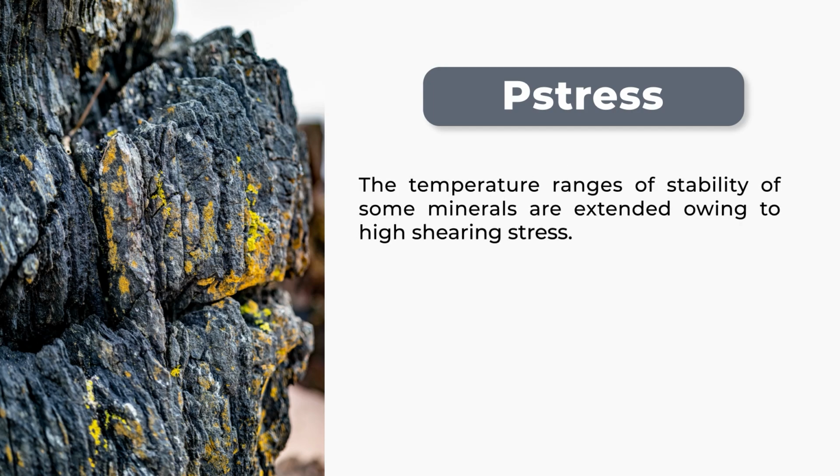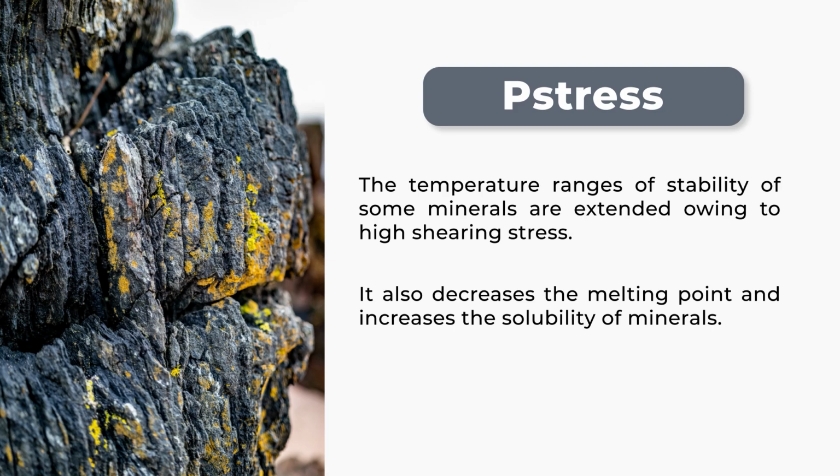Here you should understand that the temperature range of stability of some of the minerals is extended due to the shearing stress, because the stability depends on the shearing stress. It decreases the melting point and increases the solubility of the minerals.